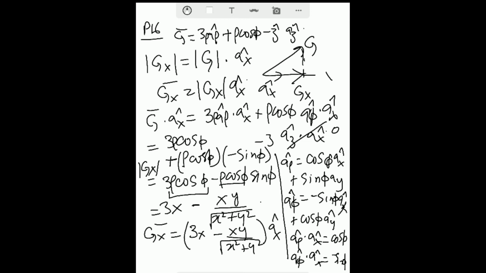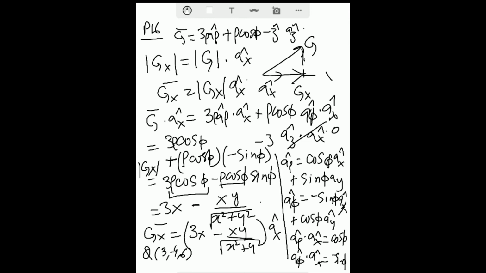Now I need to evaluate this at point Q, which is (3, -4, 6). So I can calculate it at x equal to 3 and y equal to minus 4.